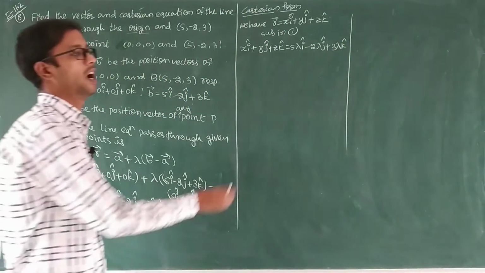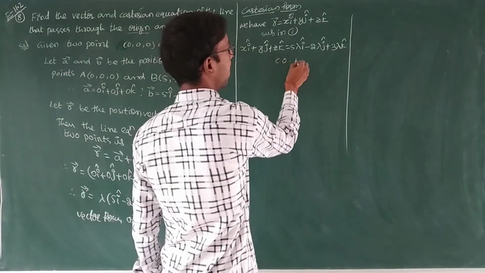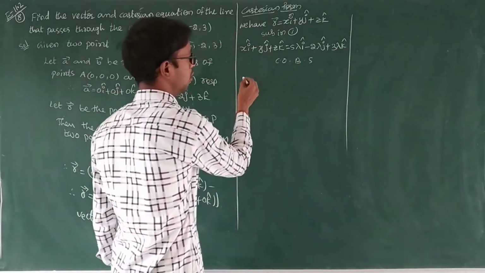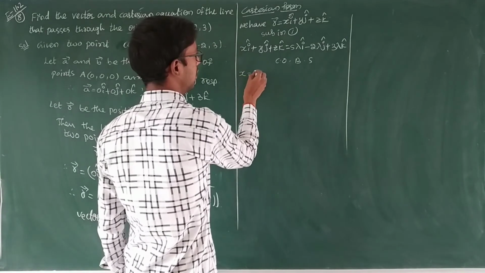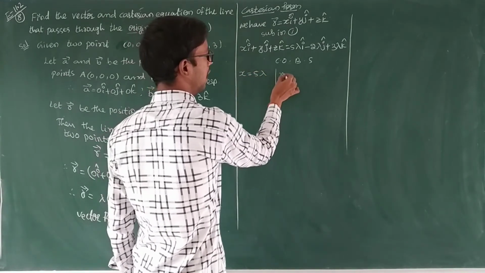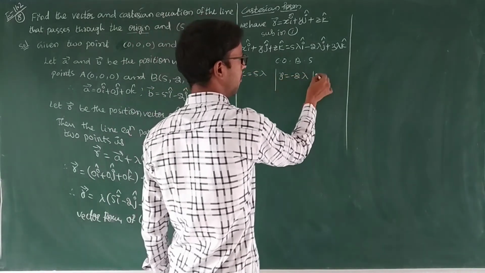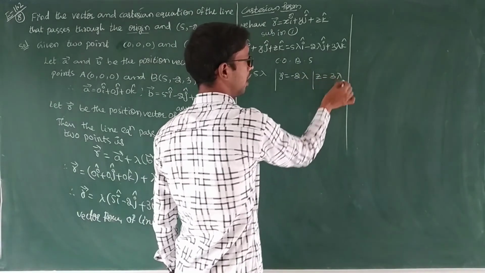Now comparing on both sides, x is equal to 5 lambda, y is equal to minus 2 lambda, z is equal to 3 lambda.